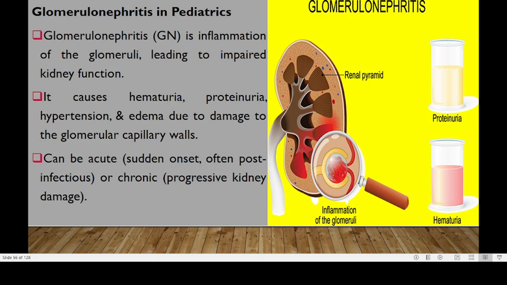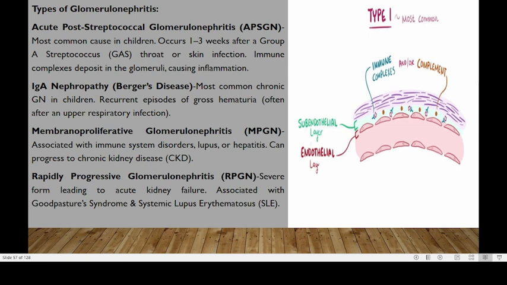It causes hematuria, proteinuria, hypertension, and edema. And all this is due to changes in the glomerular capillary walls. Glomerulonephritis can be acute, that is sudden in onset, often post an infection, or it could be chronic. So this is progressive kidney damage over some time.